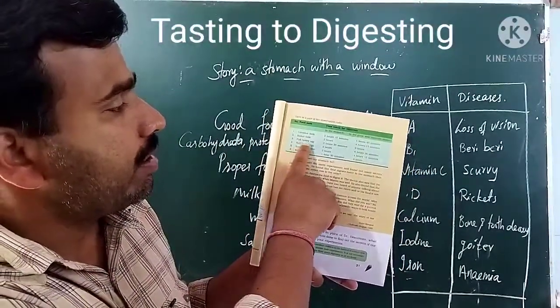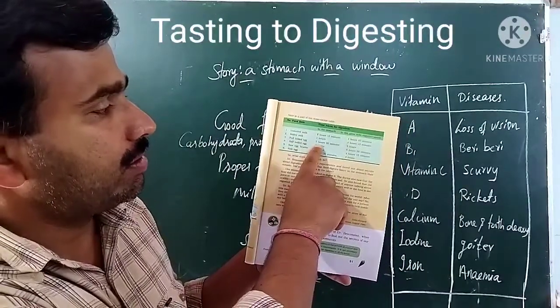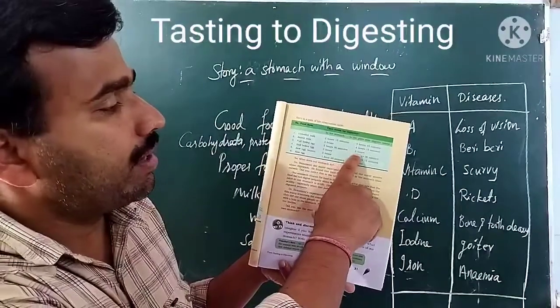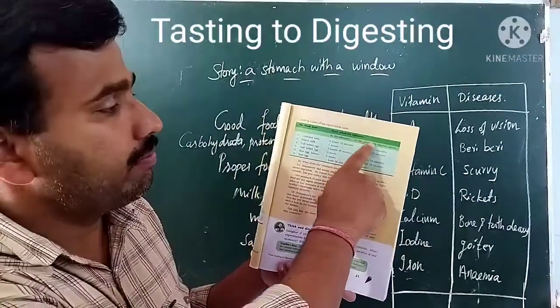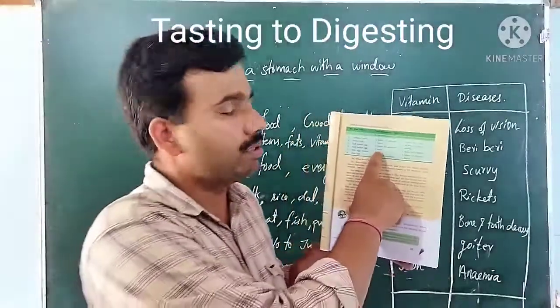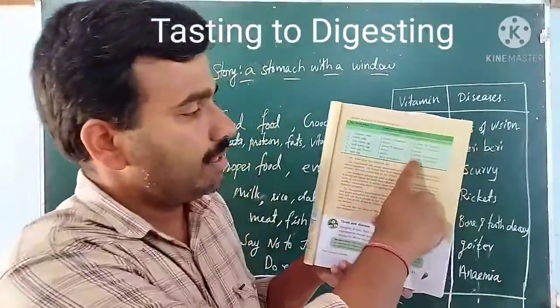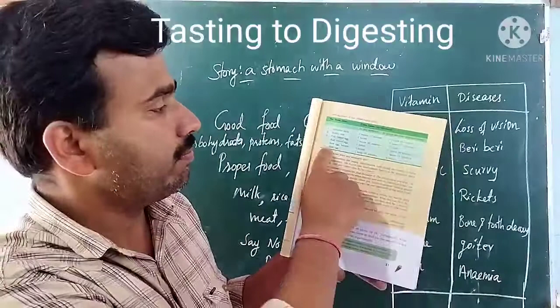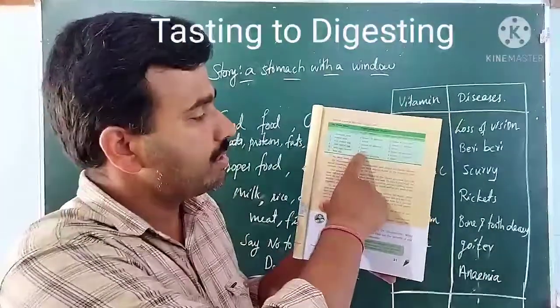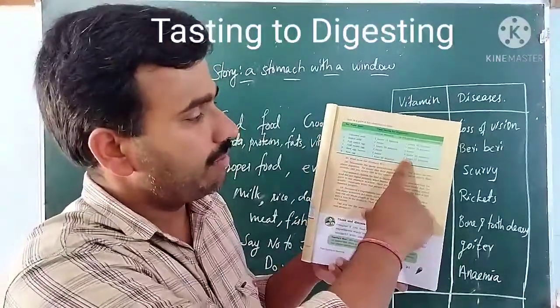Fully boiled egg took around 3 hours 30 minutes in the stomach and 8 hours in the beaker. Half boiled egg took 3 hours in the stomach and 6 hours 30 minutes in the beaker. And raw egg, beaten, took 2 hours to get digested in the stomach and 4 hours 15 minutes in the beaker.